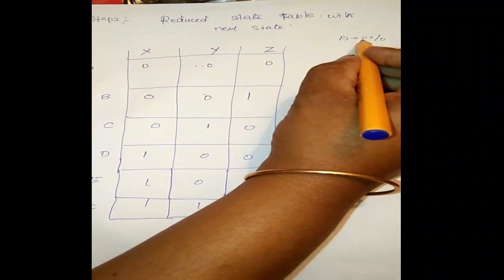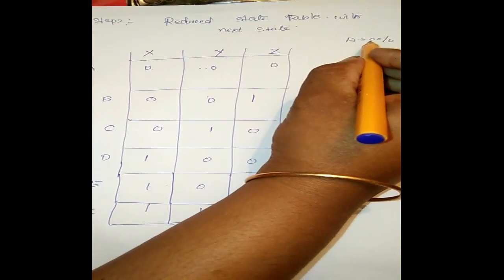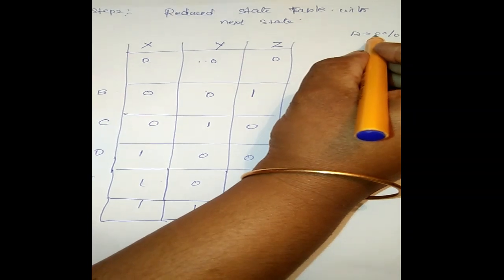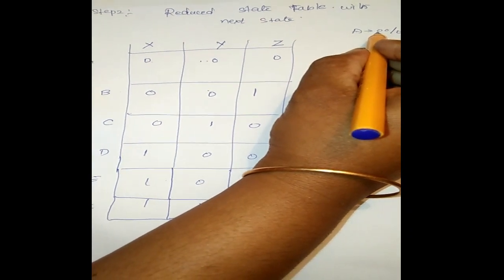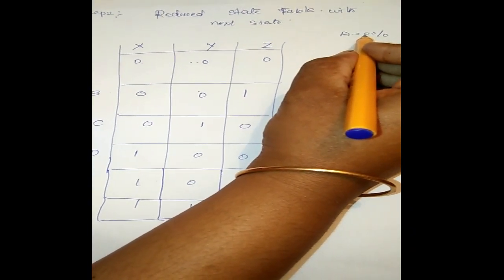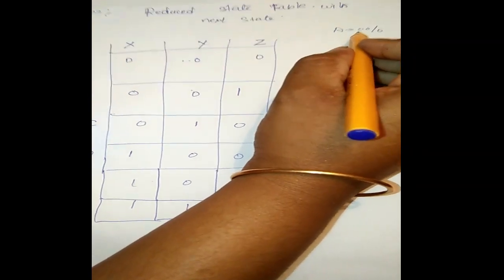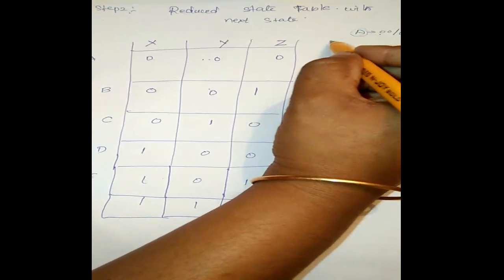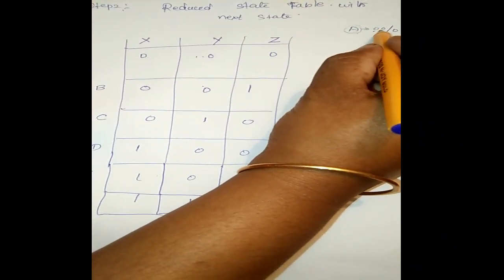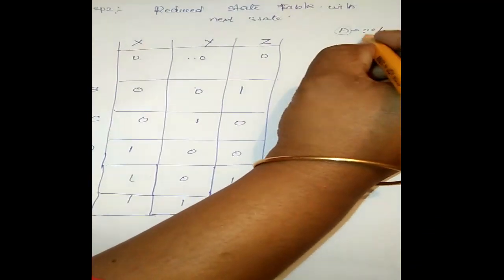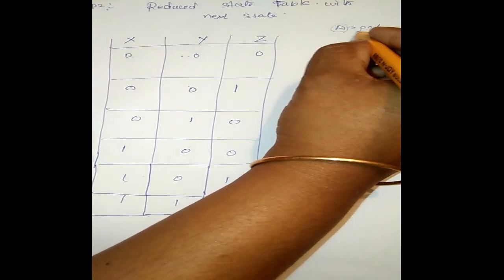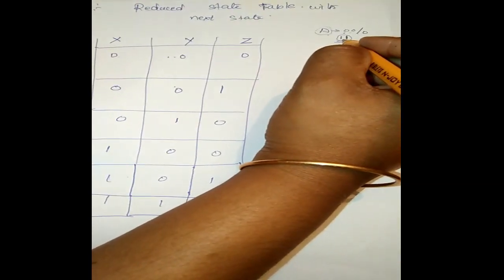So for A, consider the race condition. A race condition is when there is a change in the bits, a change in 2 bits at once. For example, the input A has 0, 0 over here. If I change this to 1, 1, there is a change in 2 bits, right?